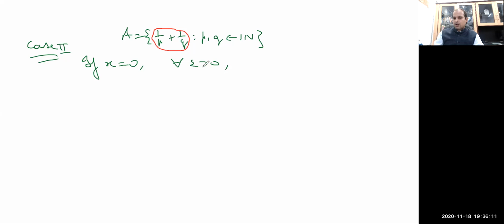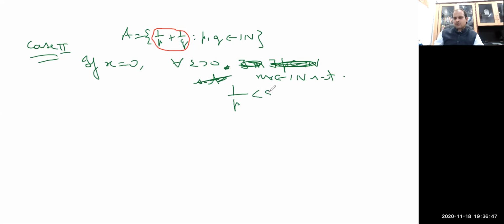We know that from the Archimedean property of R, for every epsilon greater than 0, there exists M naught belonging to N such that 1 by P is less than epsilon for every P greater than or equal to M naught.